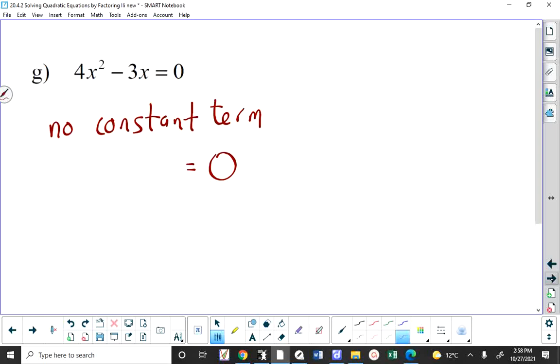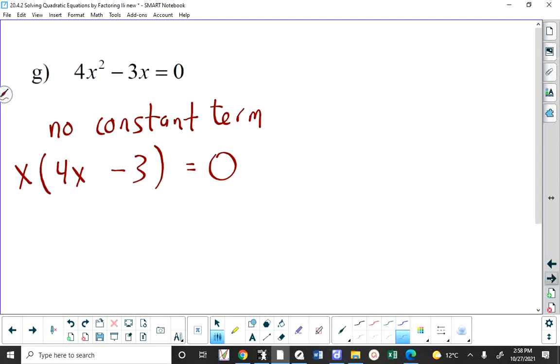Any ideas? You're not going to put two sets of brackets because then you would have to have 0 and 0 to get the constant term. You're going to factor out a common factor. There's an x in each of those terms. I can factor x out of 4x squared and out of minus 3x and be left with that.